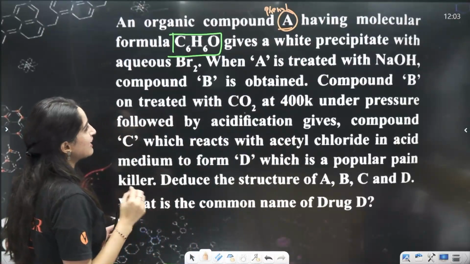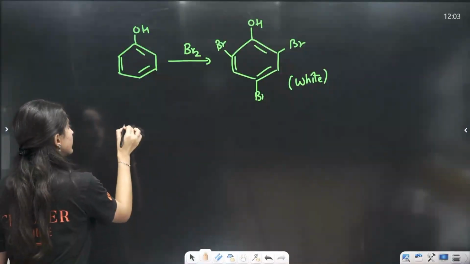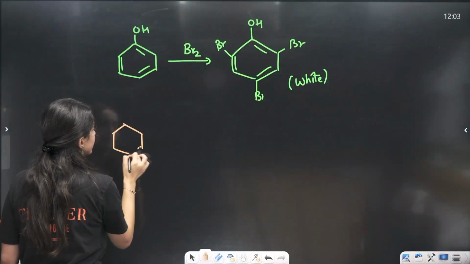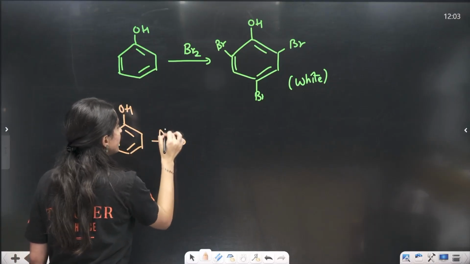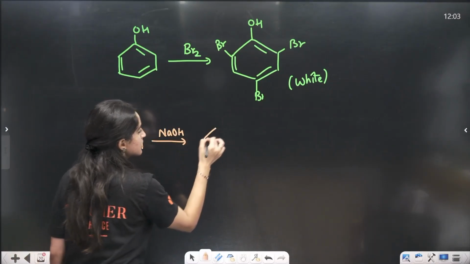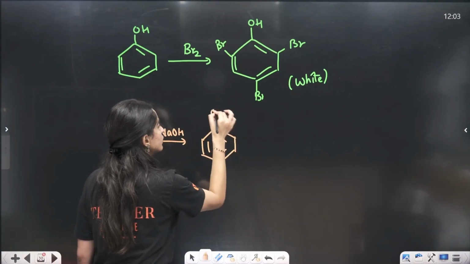Now they are saying when A is treated with NaOH, compound B is formed, okay? When A is treated with NaOH, the phenoxide ion, sodium phenoxide, will be formed, right? Now this is ONa.